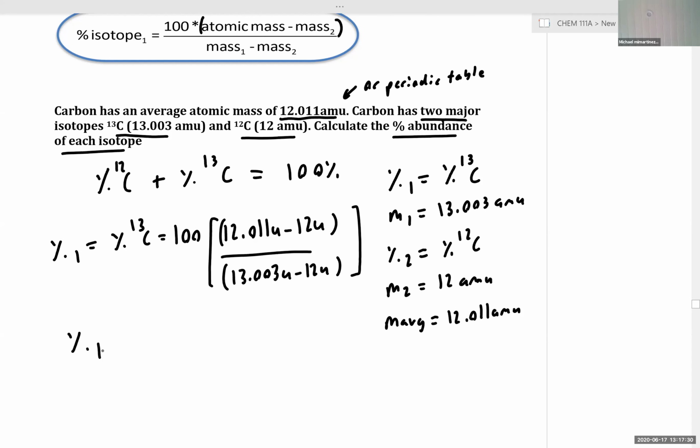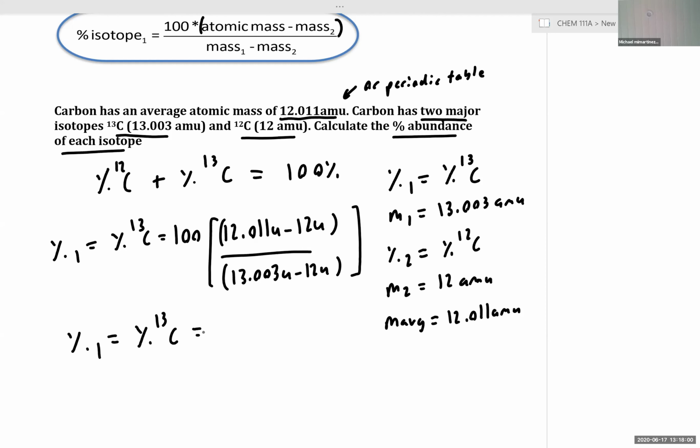If we punch this into our calculator, we get the percentage of carbon 13 to be 12.011 minus 12 divided by 13.003 minus 12. These are a little bit annoying to enter in your calculator.